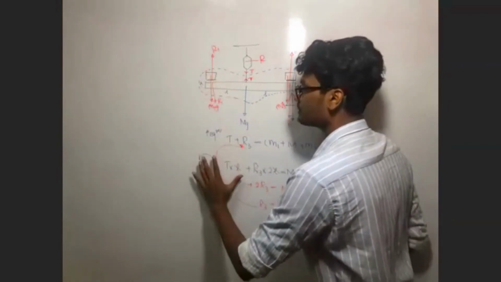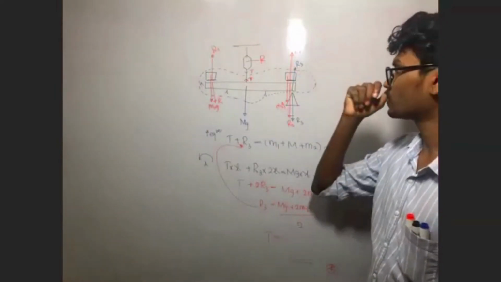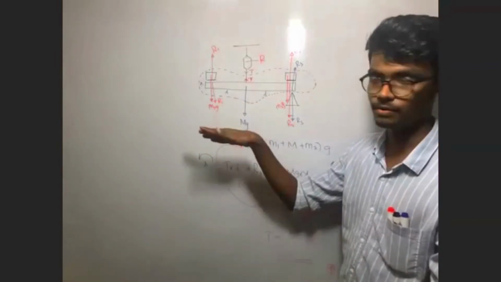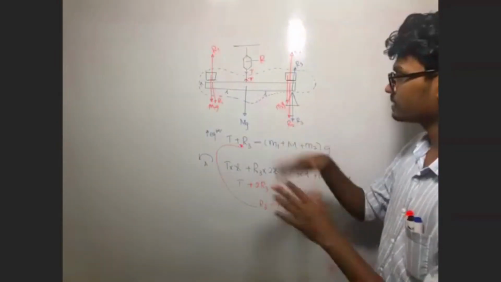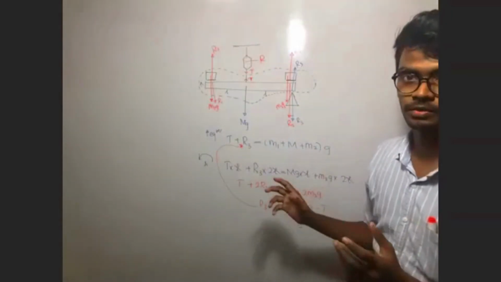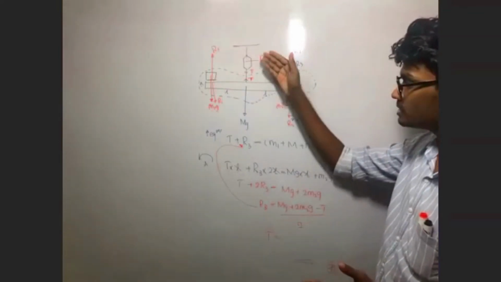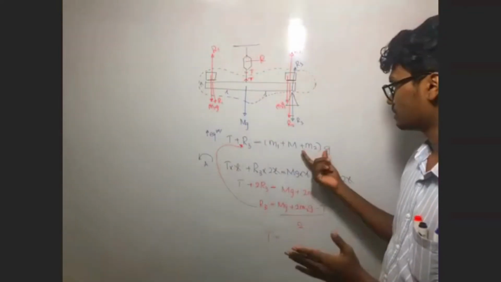And then I applied first of all an equilibrium in the upward direction. R1 and R1 cancels out. R2 to R2 cancels out. T is upward and R3 is upward. So T, R3. What are the other downward forces? M1G, capital MG, M2G.